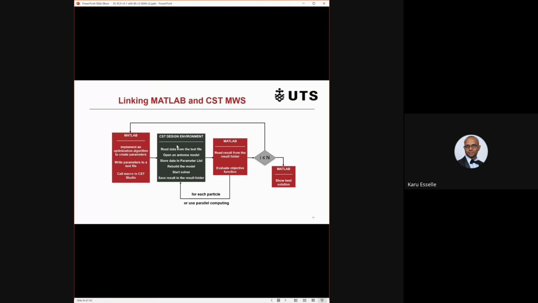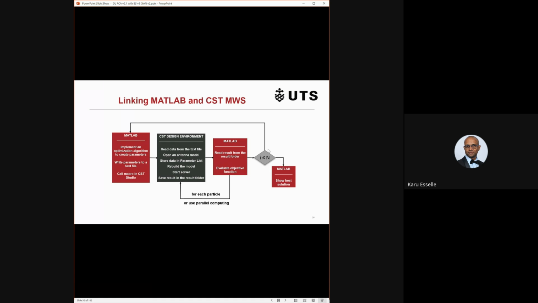So CST does the computation, gives the output to MATLAB. MATLAB analyzes the result, the objective function, and checks whether we met the criteria, whether we got the solution. If not, it goes back to the PSO algorithm in MATLAB, which decides the next set of variables, and then gives it to CST to calculate.